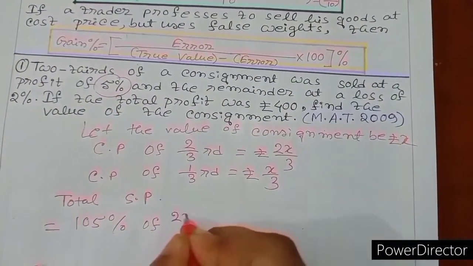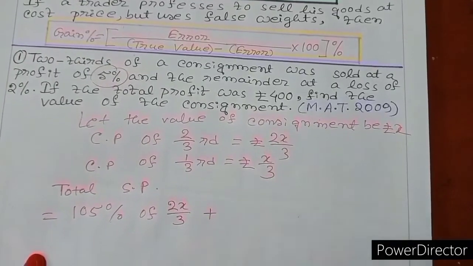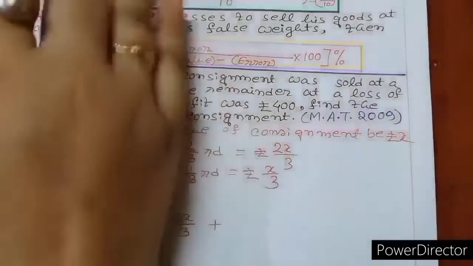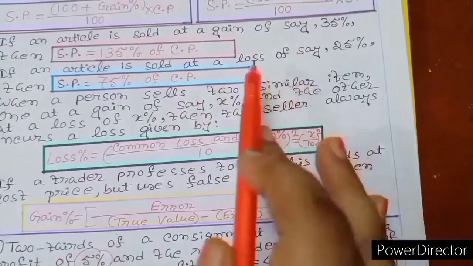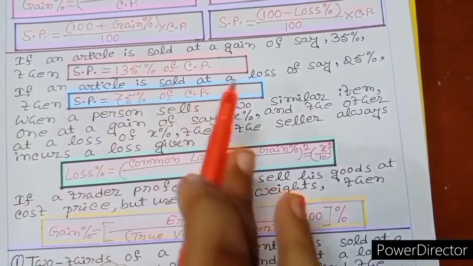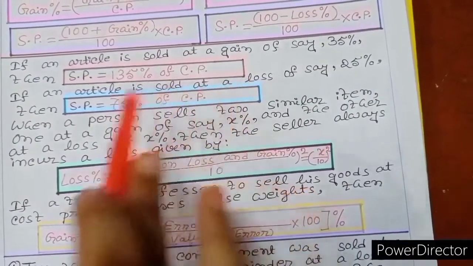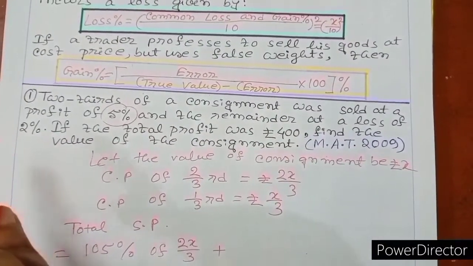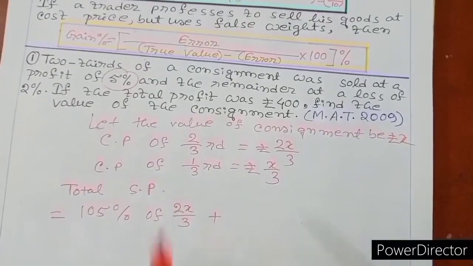So 105% of 2x by 3 plus, say, the remainder at a loss of 2%. Loss of 2% means, here if an article is sold at a loss of say 25%, then selling price equals 75% of cost price, means 100% minus 25% equals 75%. So here say 2% loss. 2% loss means 100% minus 2% means 98%.